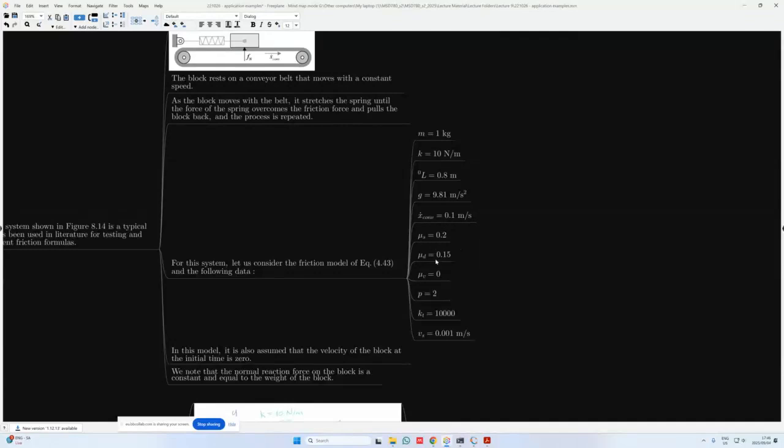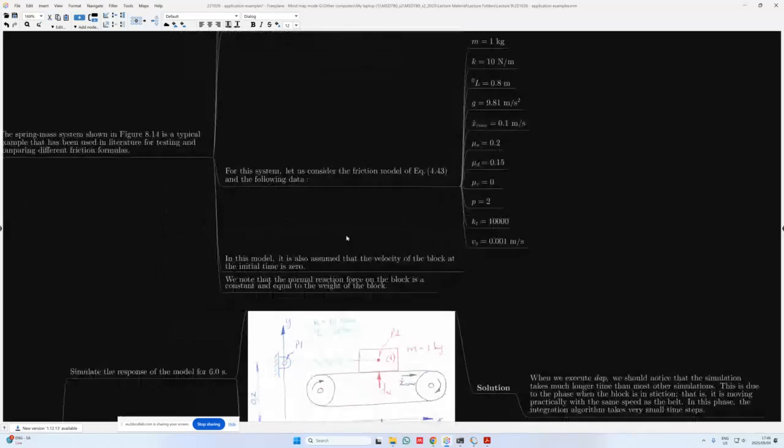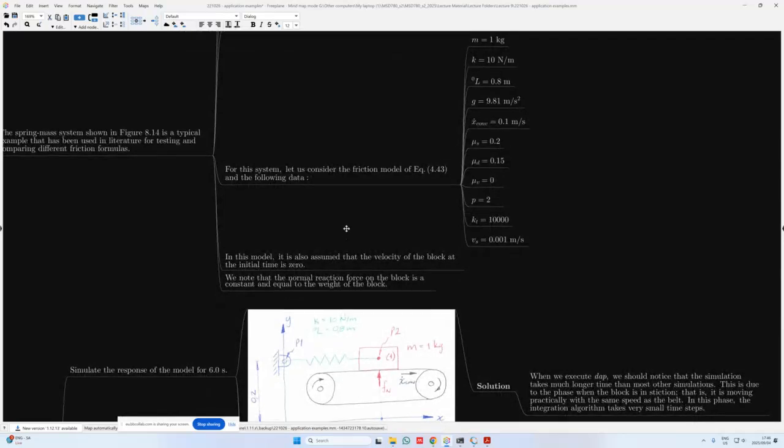The static and the dynamic friction coefficients are also given. We have mu, v, p, which are parameters that we use in our model together with kt. And then we also have our sliding speed, which is also used in the model. And that is once again a very small value of 0.001 meters per second. In this model, it is also assumed that the velocity of the block at the initial time is 0. So we start at rest.